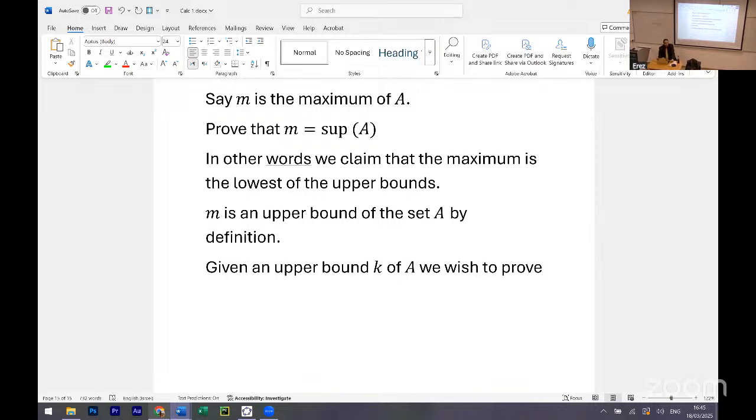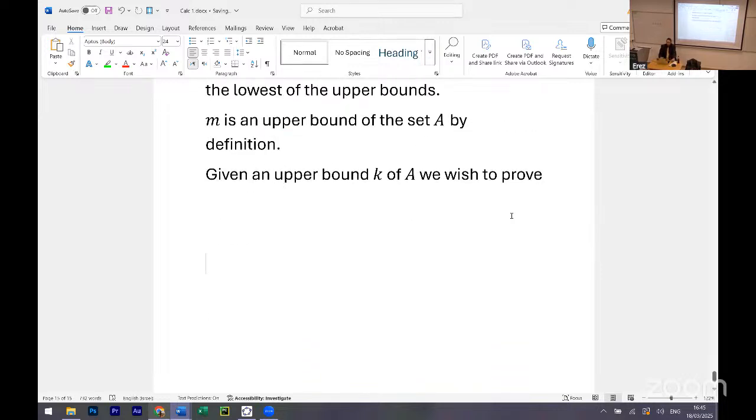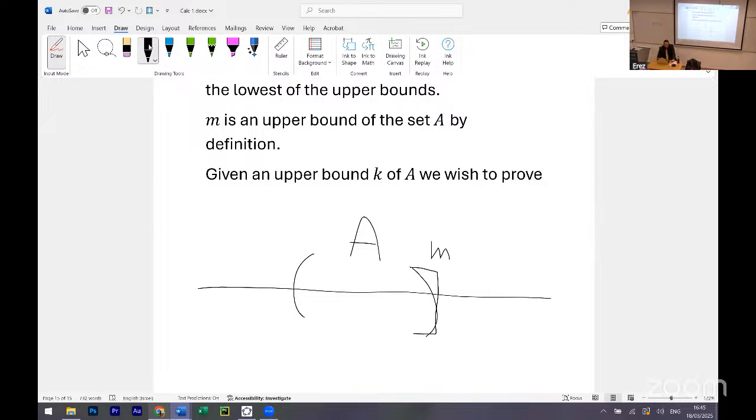Given the upper bound K of A, let me show you using a drawing. I think it will help, and I didn't do any so far. This is A. Where is the maximum of A in the drawing? At the very edge of the set. Agreed? So it is an upper bound by definition. It is bigger than or equal to all the elements. Now, I'm taking an arbitrary upper bound of A, K. Where is K in the drawing?